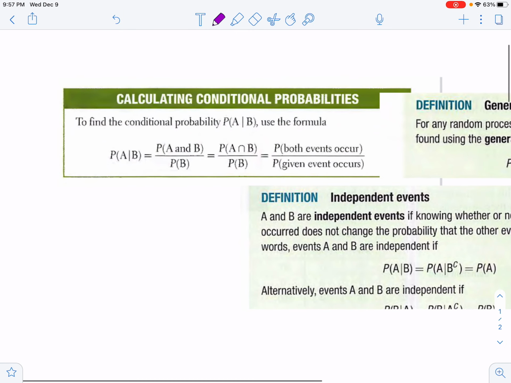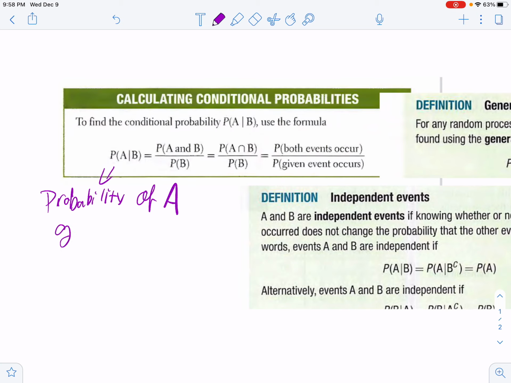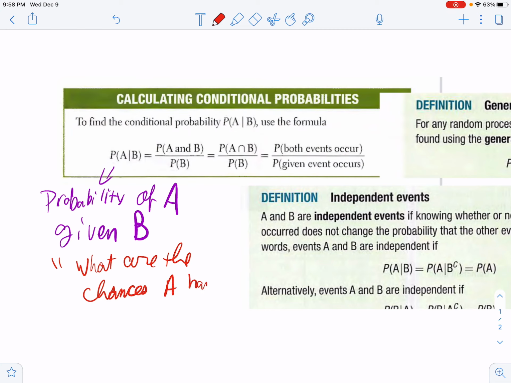So conditional probability is this expression over here. We read it as the probability of A given B, and we interpret this as: what are the chances A happens, given we know B happens?